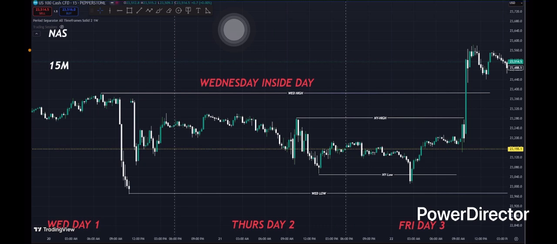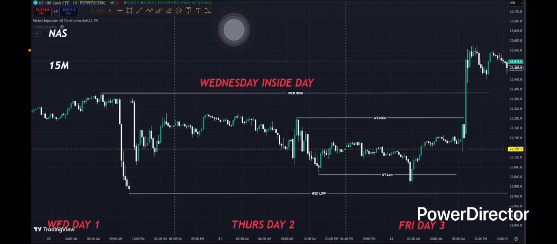Wednesday has broken out of Tuesday's low, all right? And I've marked off my high and low from Wednesday's New York session and projected that horizontally across Thursday and Friday, okay? And that's my geometrical rectangle, all right?